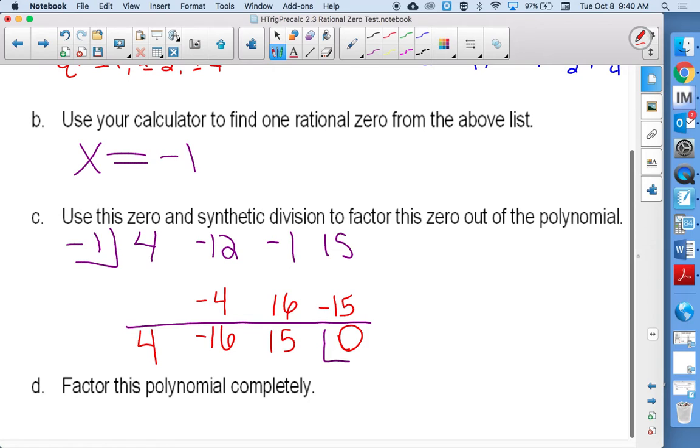Yeah, so what x's go back with it? X squared, -12, or x, and then just 15. So that's our remaining polynomial. So we factored it with the -1. Our remaining polynomial is now 4x squared minus 6x plus 15.